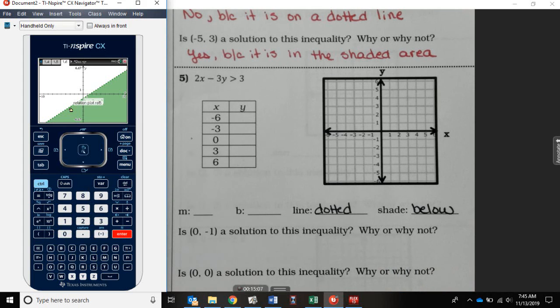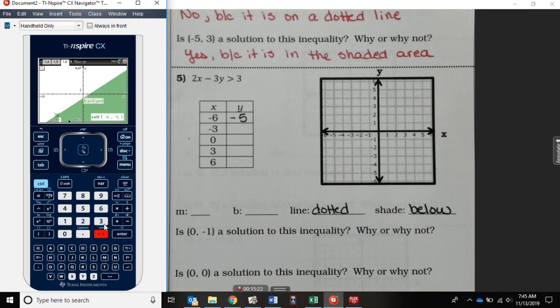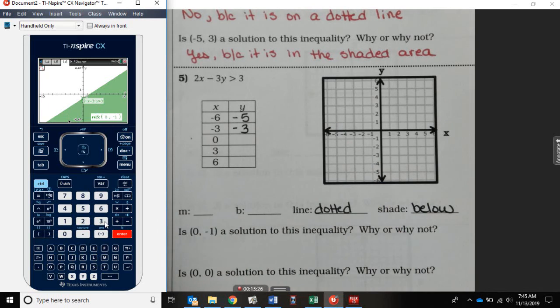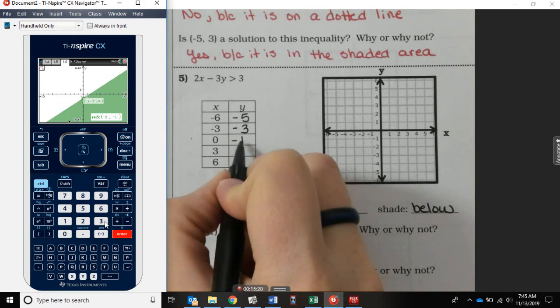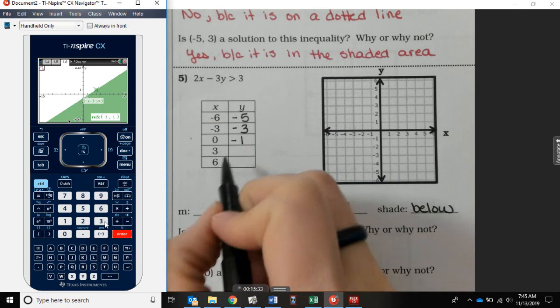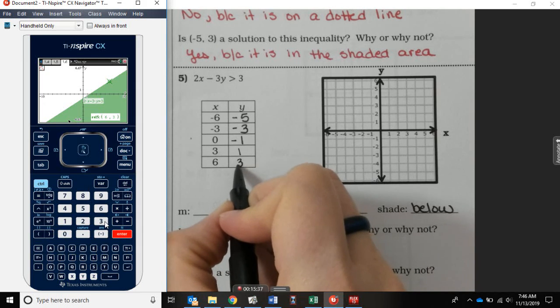Now my y-intercept. So let's fill in these points so we can figure out our y-intercept. Menu 5, 1. And we want -6, which gives us -5. We want -3, which is -3. 0 is -1. 3 is +1. And 6 is +3.